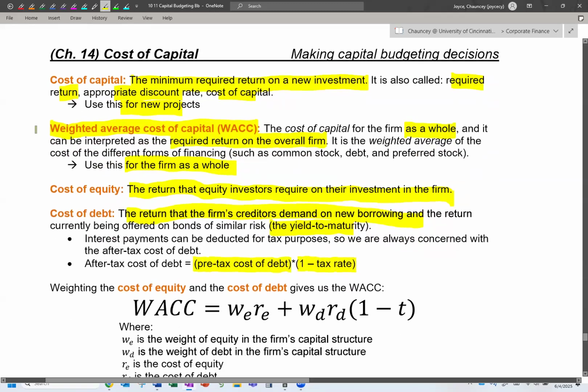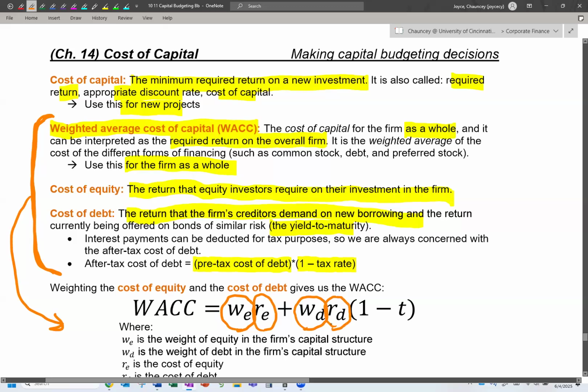So when you incorporate these interest rates together, cost of equity and the cost of debt, you can use those to get to the weighted average cost of capital. So you take the weight of your capital structure that's invested in equity times the cost of equity plus the weight of your capital structure that's in debt times the yield to maturity on that debt times 1 less the tax rate.